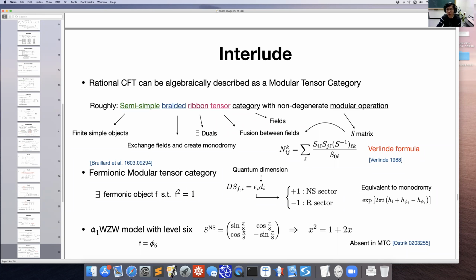But since here we only have one field, the point is that, let me see. What I want to say is that the expression corresponds precisely to this monodromy. I can show you the formula later. Sorry, at present it's not on top of my head, so I cannot tell you why they are equivalent, but I checked that they are equivalent.